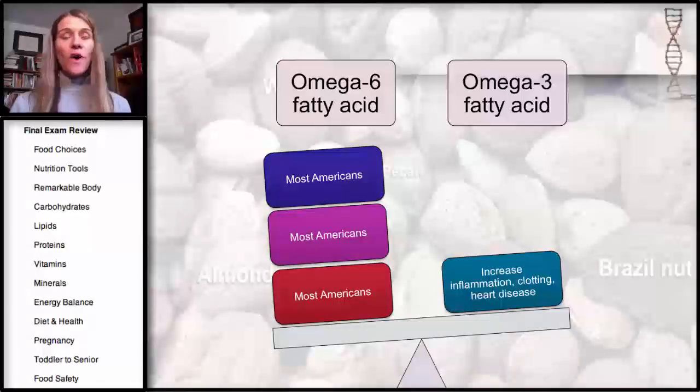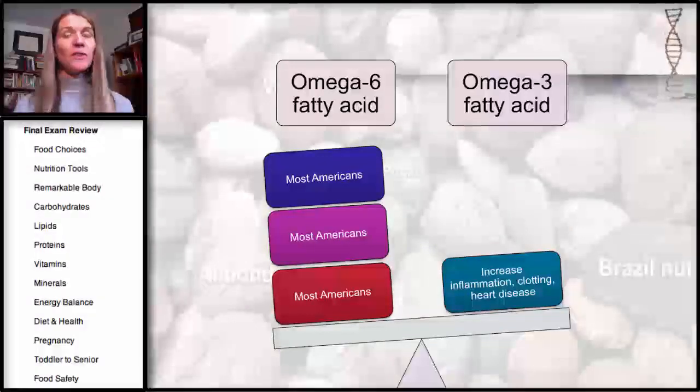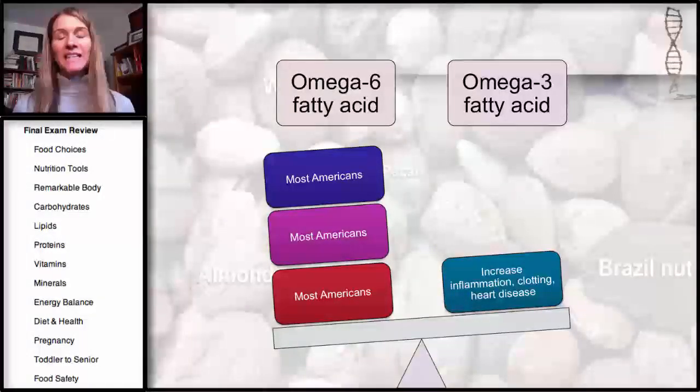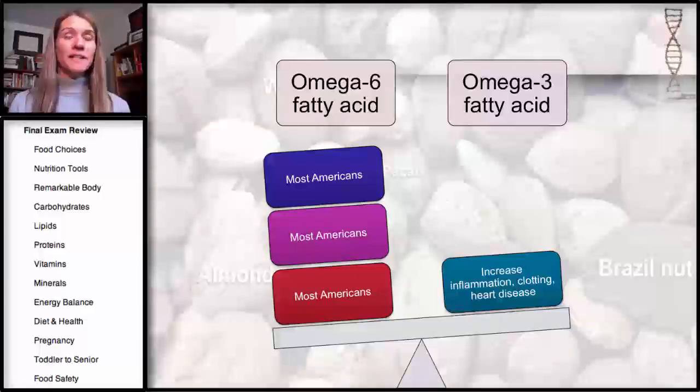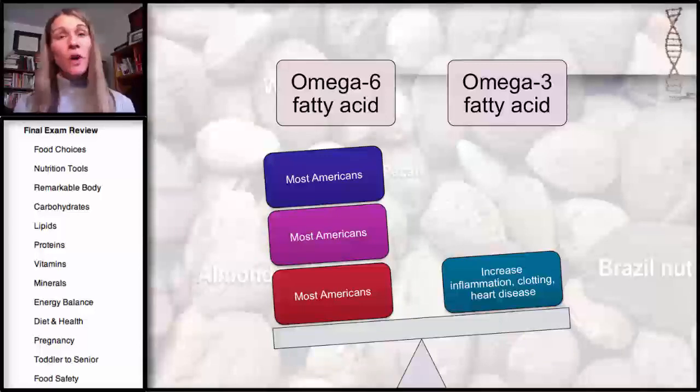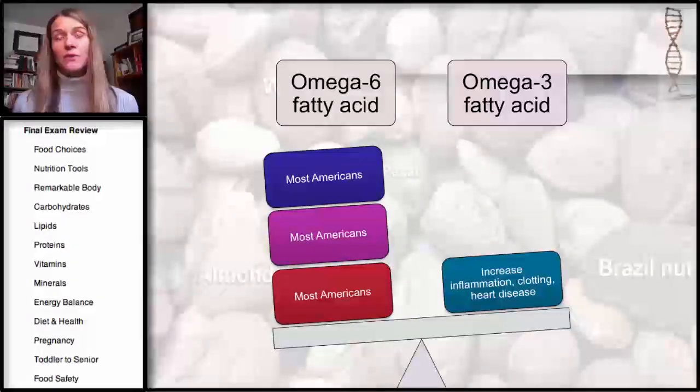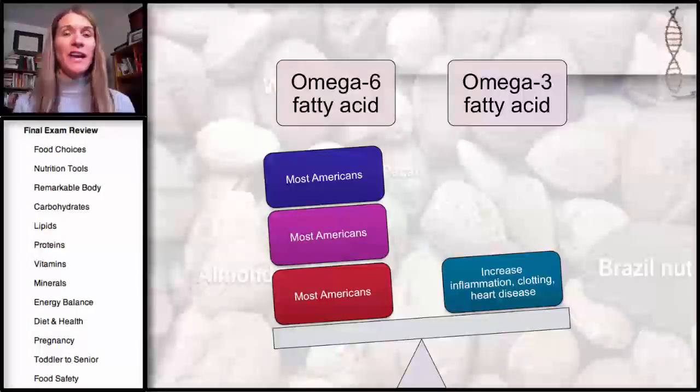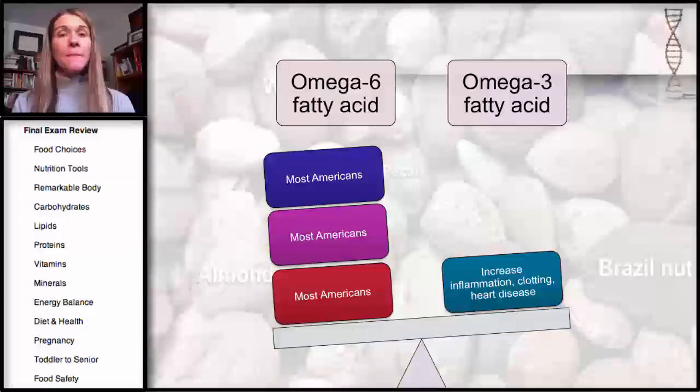So all of those oils that you see in processed foods, the vegetable oils, are generally going to be the omega-6 fatty acids. And that's why most people are taking in too many omega-6 fatty acids. It's generally not because they're consuming too many walnuts, which have omega-3s, but are usually generally very high in omega-6 fatty acids as well. Omega-3 fatty acids can be increased by eating fatty fish or eating things like flaxseed or chia seed.